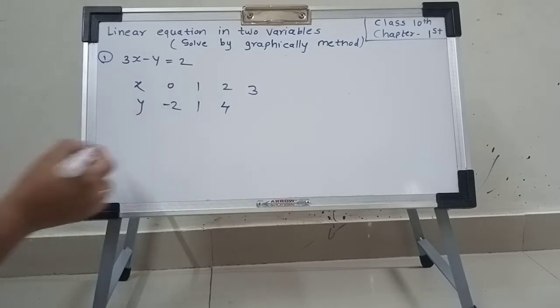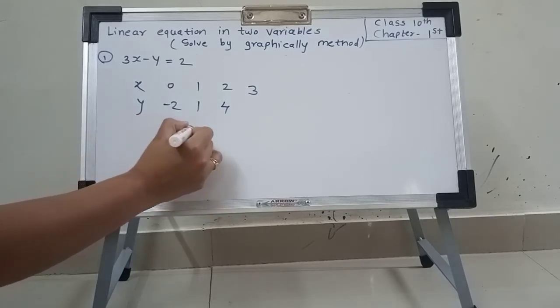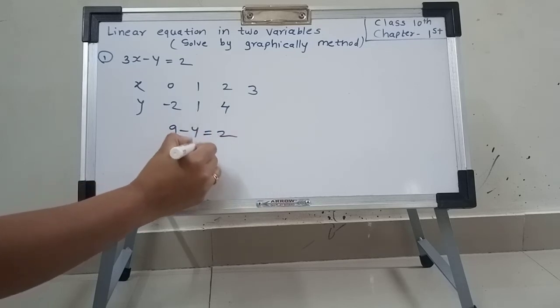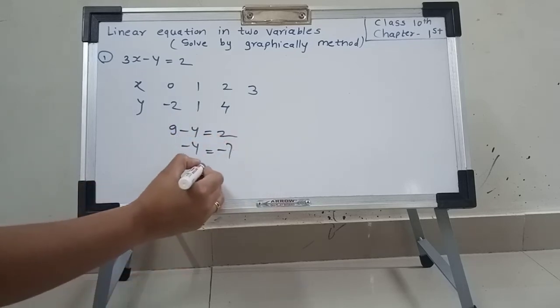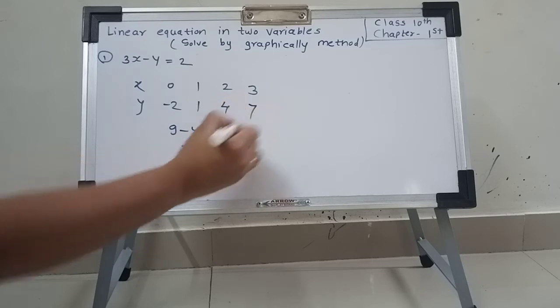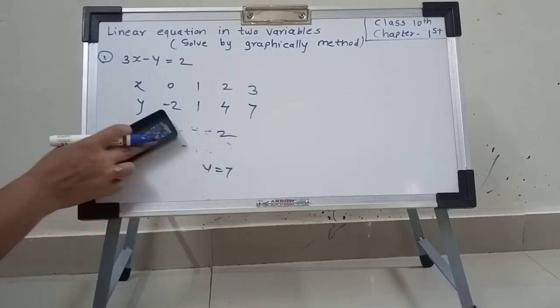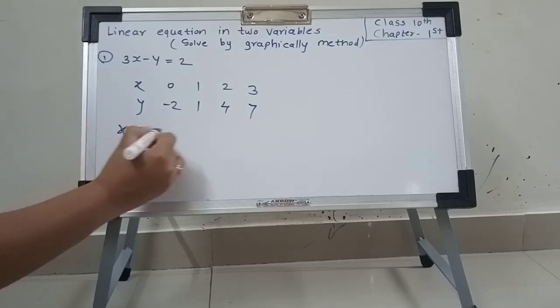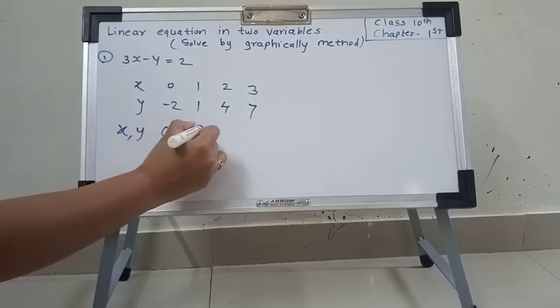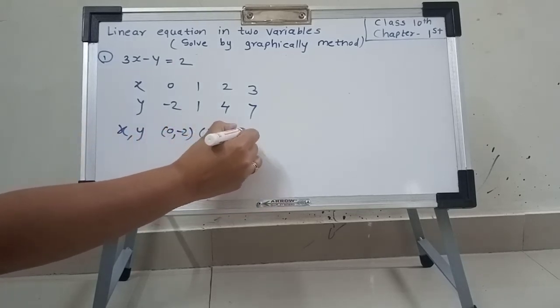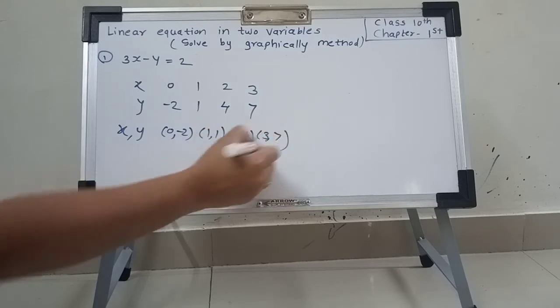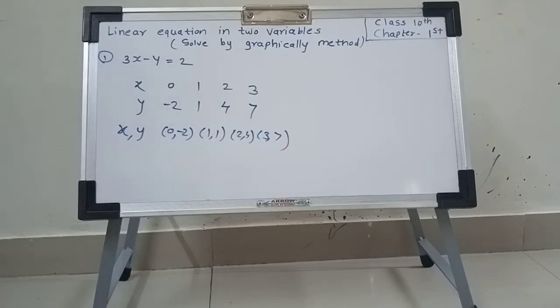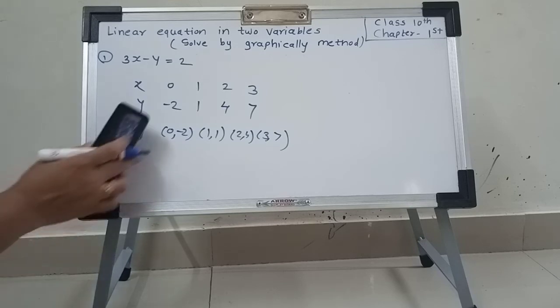When x is 3, 3 3s are 9, minus y is equal to 2, minus y is equal to minus 7, means y is equal to 7. When x is 3, y is 7. Our points (x, y) are (0, minus 2), (1, 1), (2, 4) and (3, 7). These are our points for the first equation.